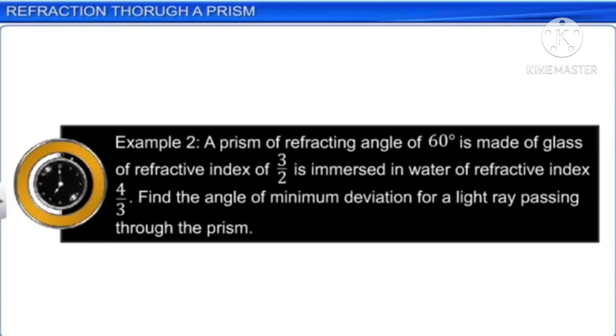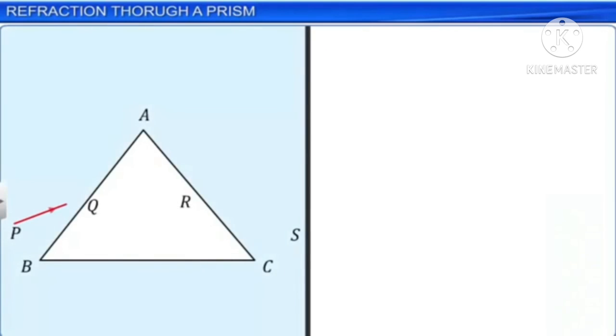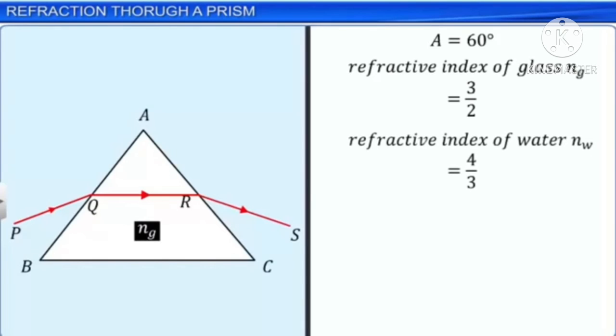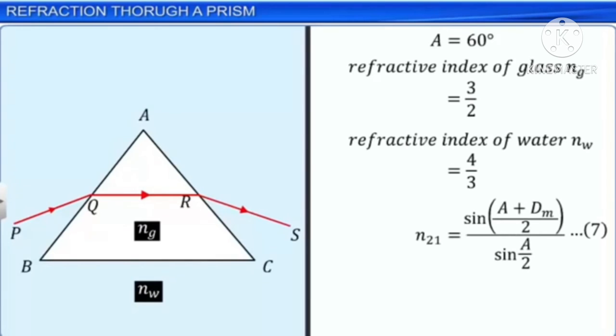On substituting the respective values, we get (3 by 2) by (4 by 3) is equal to sin((60 plus dm) by 2) by sin(60 by 2). On simplification, we get dm is equal to 8.46 degrees.